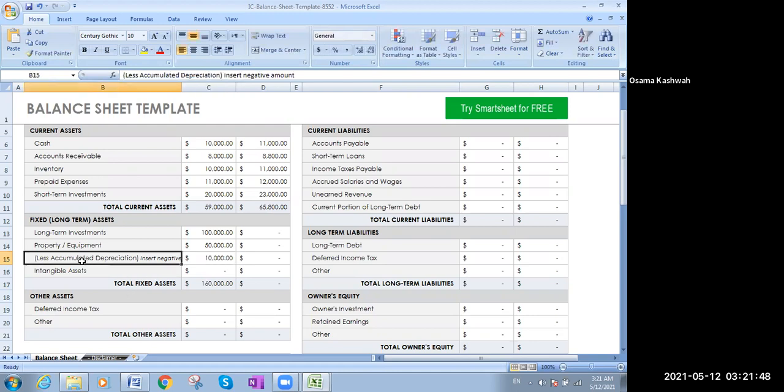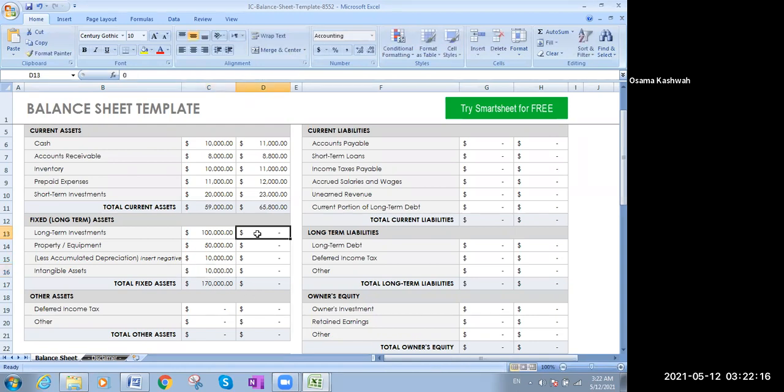And by the way, I talked before about the depreciation, and I said the depreciation is the gradual decrease in an asset's value. Then I will keep the intangible assets for now because I still don't know, or let's say I will give it a number as an example, 10,000.